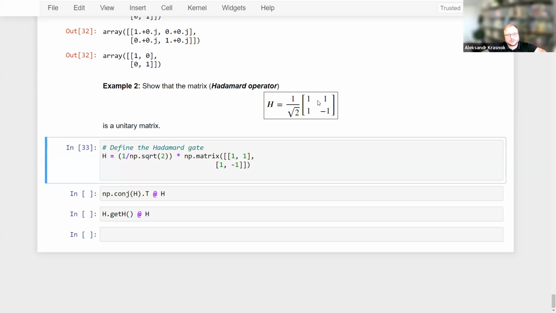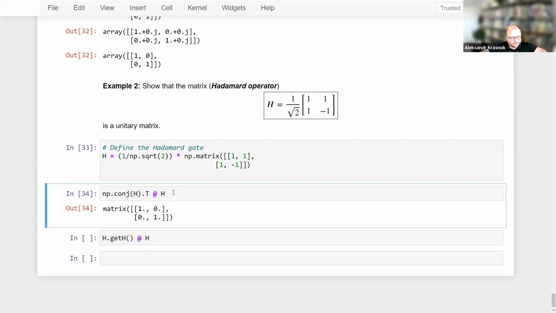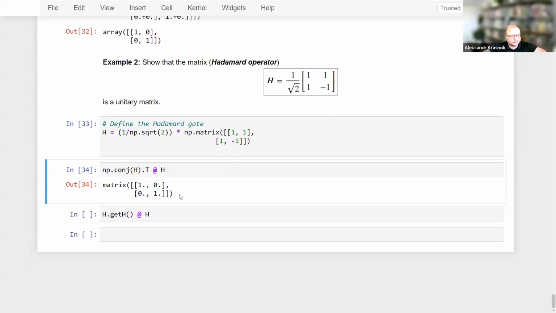The fact that it's Hermitian is clearly seen: all elements are real values, and the off-diagonal elements are the same, so it doesn't change upon complex conjugation and transpose. But whether this operator is unitary, we test the same way and get the identity matrix. So this operator is unitary.